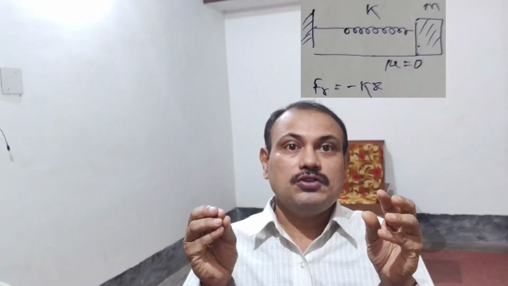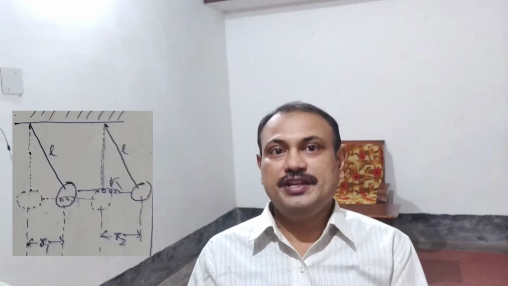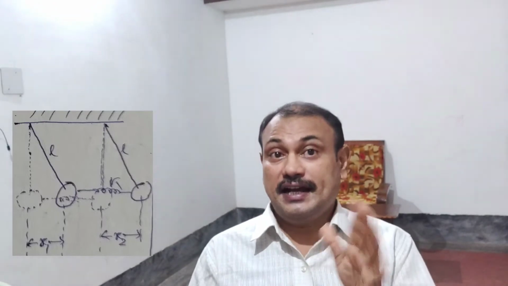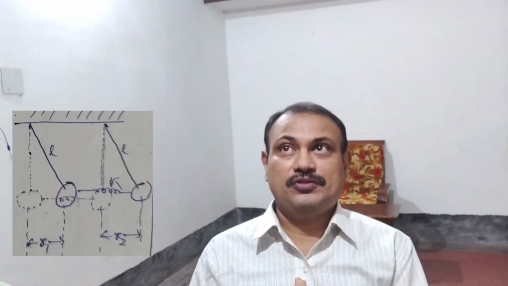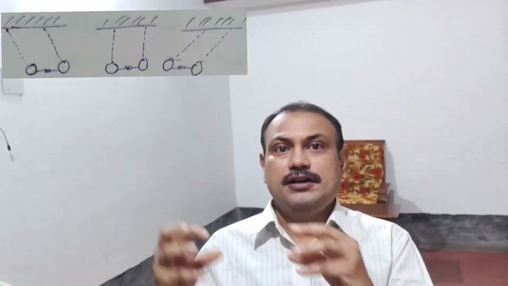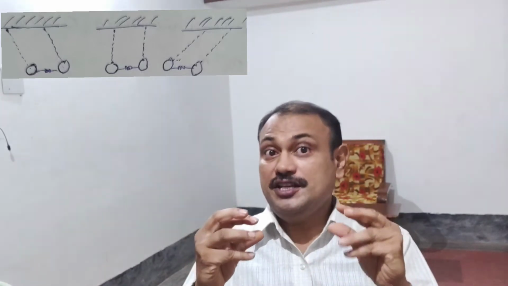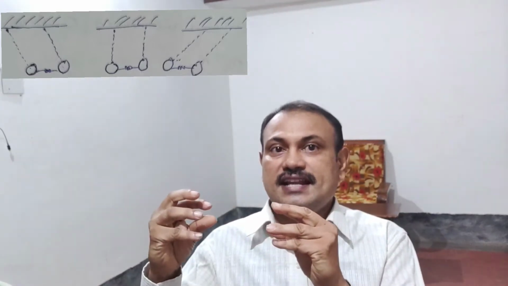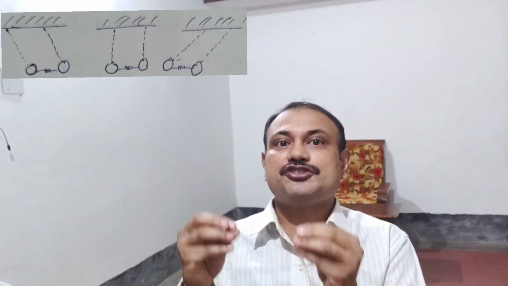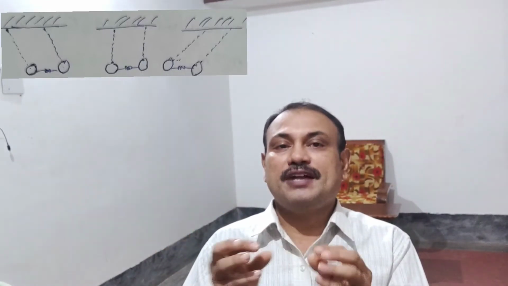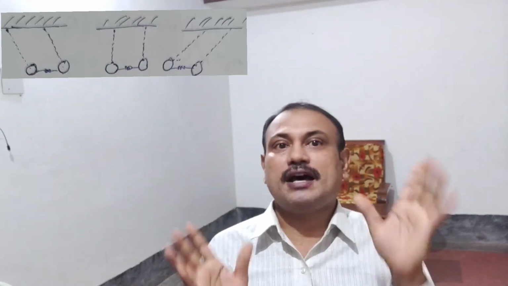Now when you tie these two identical bobs with a spring and allow them to oscillate under gravity, the restoring forces are two in nature: one due to gravity and another due to the spring. When you allow the coupled system to oscillate such that the displacements of each of the bobs are the same, the spring does not play any role, so that is the case of simple harmonic oscillation.